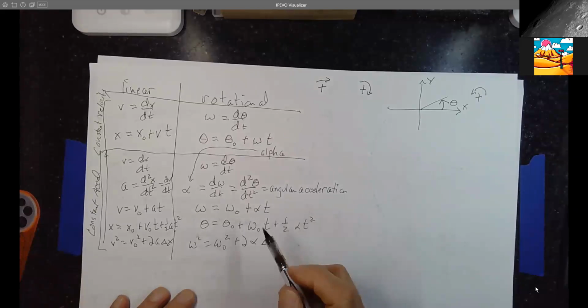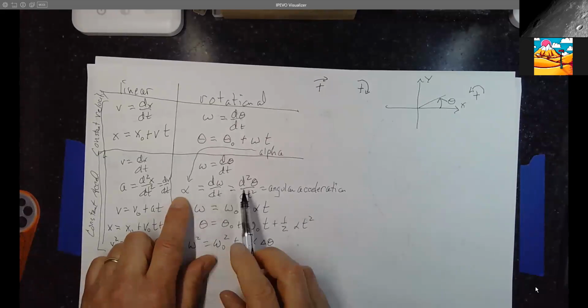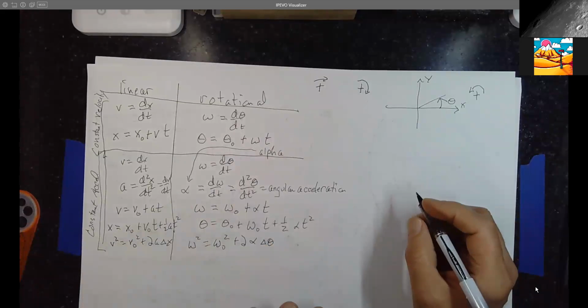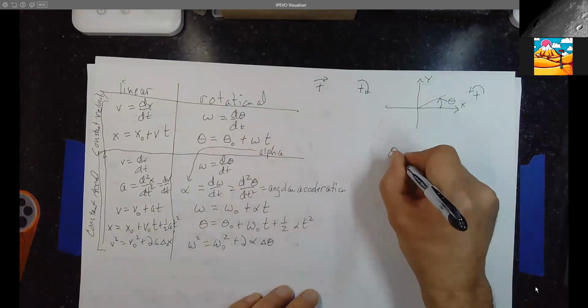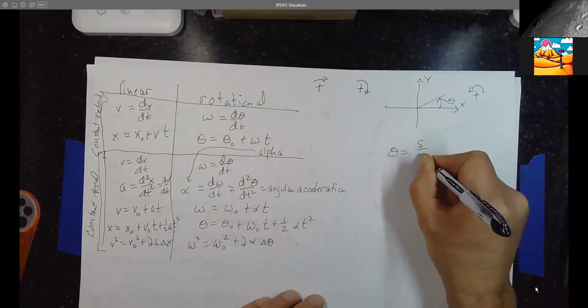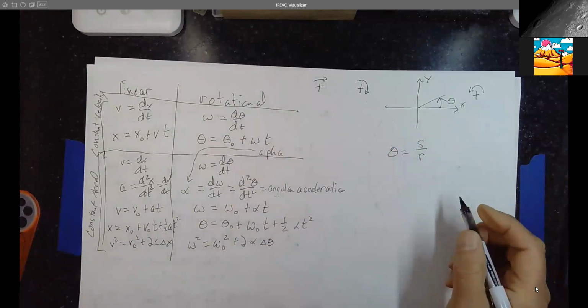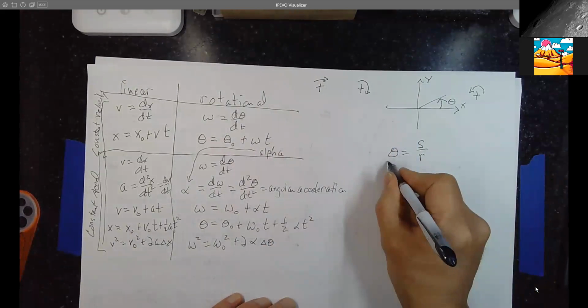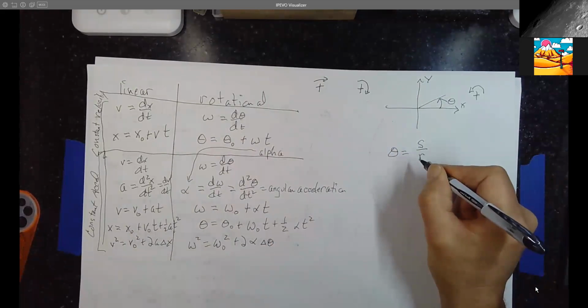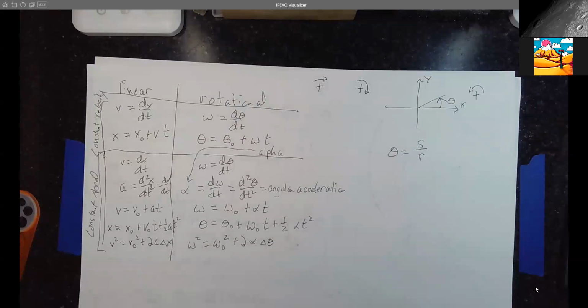Now, the alpha was d squared theta dt squared. If we remember that theta is equal to the arc length divided by the radius, and we take a derivative of both sides, we're going to assume we're dealing with a point on whatever is turning that's always the same distance away from the center.